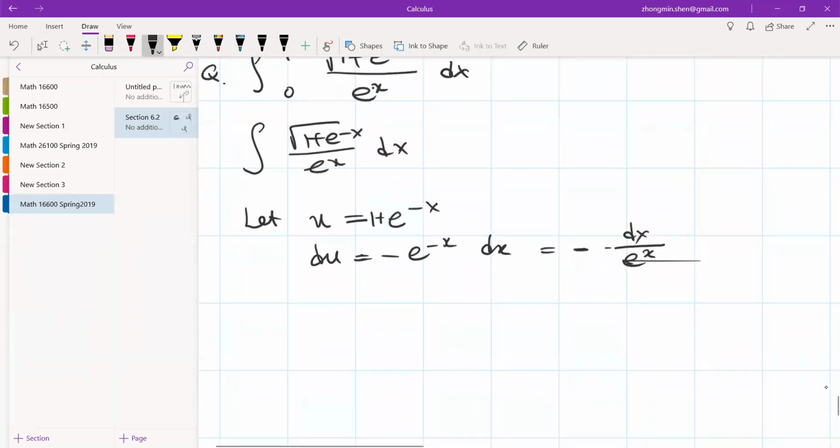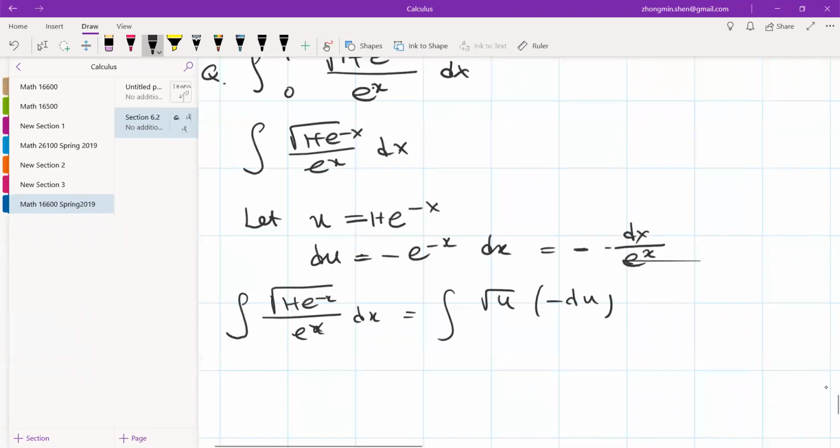So now the integral becomes, the denominator here is just a square root. dx over e to the x is nothing but just negative du. Great. I should write the integral symbol a little bit higher.